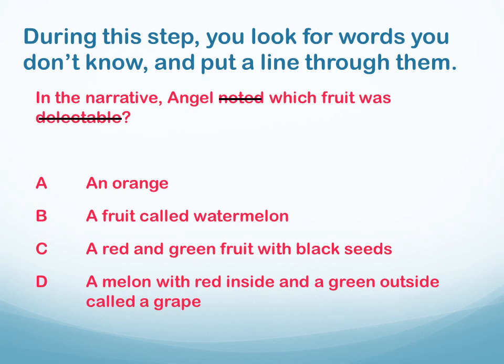If we look over answer choice A, we see the words an orange. Those are words that we're familiar with. B, a fruit called watermelon. Also words we're familiar with. C, a red and green fruit with black seeds. D, a melon with a red inside and a black outside called a grape. All of these are words that we're familiar with, so we don't need to put a line through any of these words.